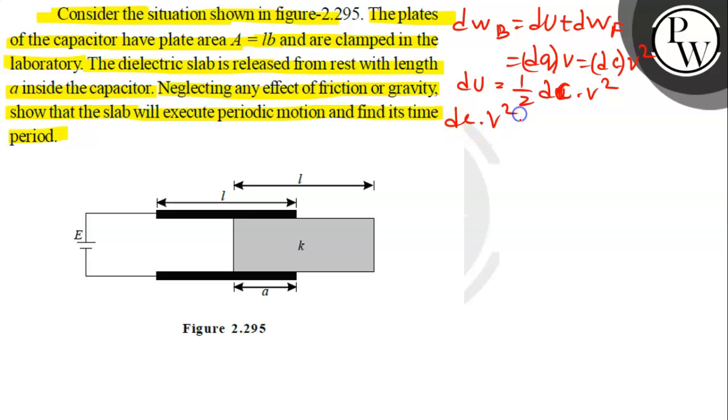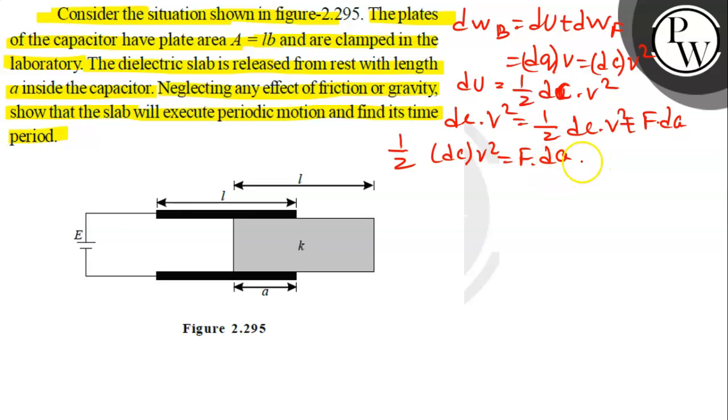So dC into V square equals half dC into V square plus F dA. Here half dC into V square is equal to F dA. So F is half dC by dA into V square.